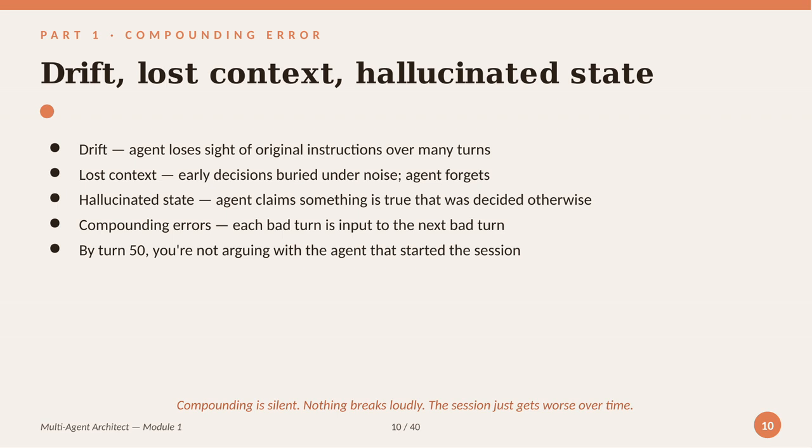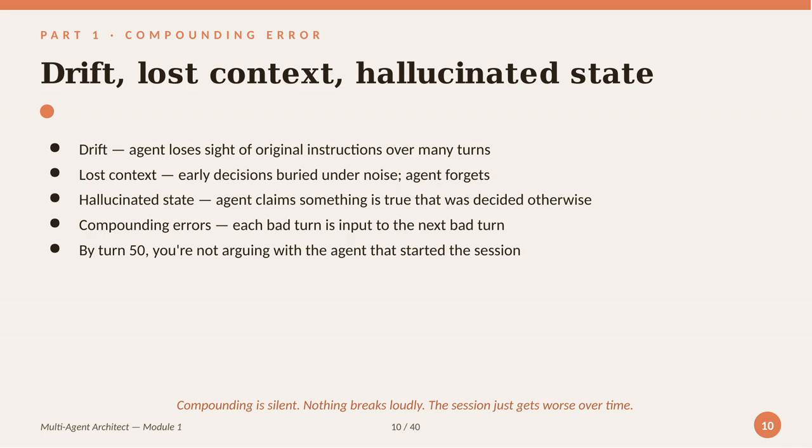Hallucinated state. The agent claims something is true that was actually decided otherwise. Not deliberately, the model is confabulating from a degraded view of the conversation history. Compounding errors. Each bad turn becomes input to the next bad turn. A small drift on turn 10 becomes a slightly larger drift on turn 12, which becomes a noticeable problem on turn 15.